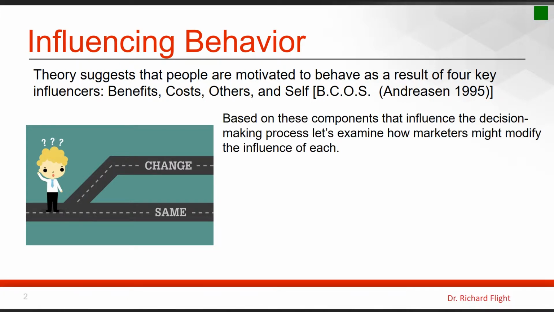So as we think about this model based on these components, and we want to think about how we can influence the decision-making process, we may want to make modifications in how the consumer perceives these four things.